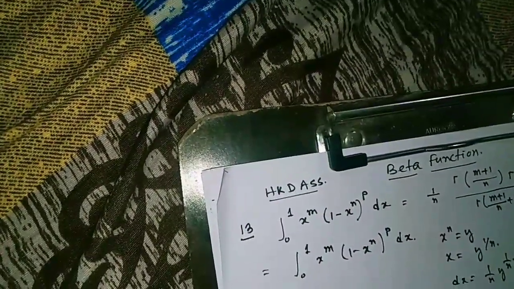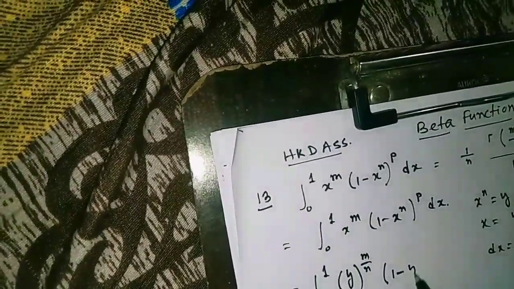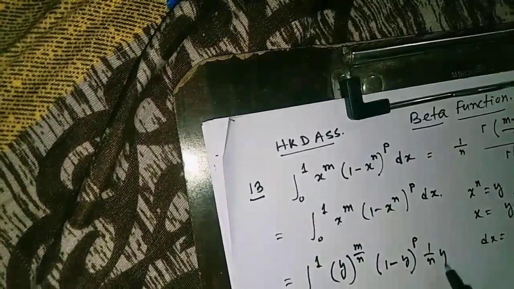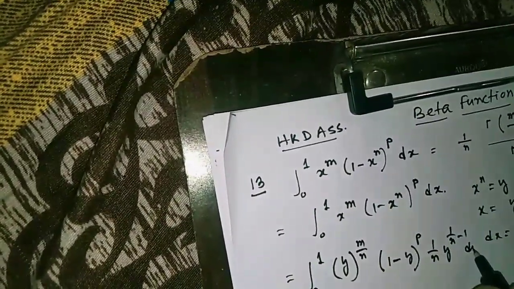Okay, so here the limit will remain same. So now 0 to 1 x to the power m, so x equal to y to the power 1 by n, so y to the power m by n. Okay, so 1 minus x to the power n equal to 1 minus y whole to the power p, dx equal to 1 by n y to the power 1 by n minus 1 dy.